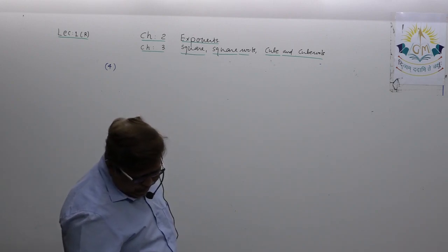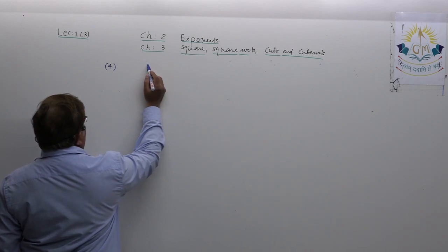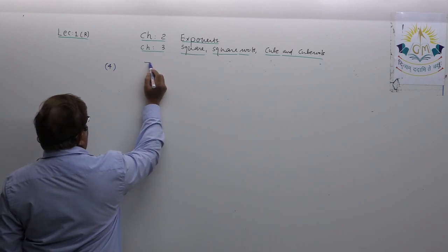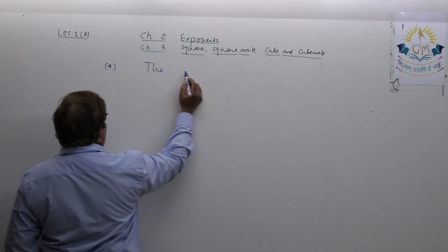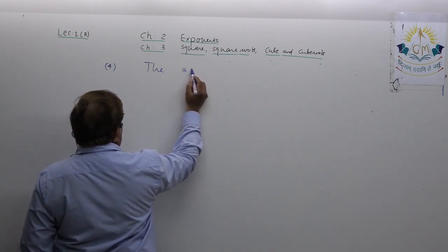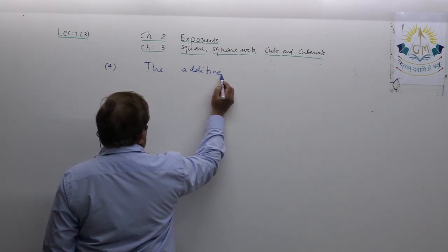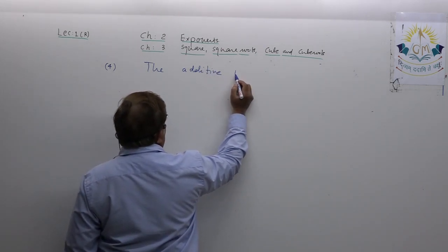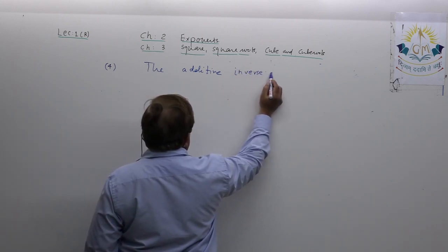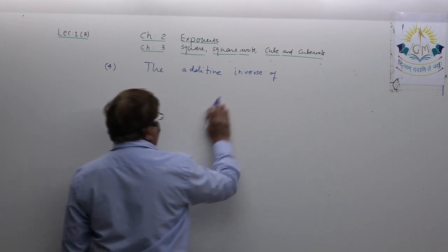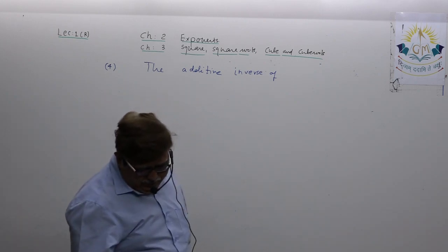Suppose you are given such an example, let us verify. Suppose I am asking the question this way. This is the question: the additive inverse. Please note down. Additive inverse of. Additive inverse means, you all know, opposite, just the change of the sign.